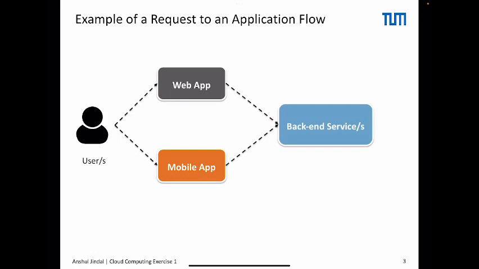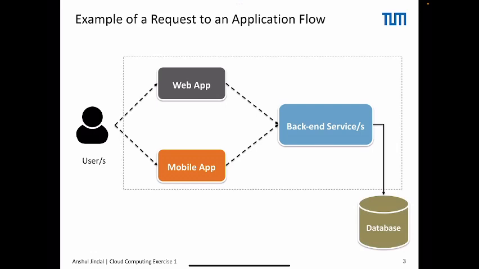We will write that backend in Node.js, and it is connected to a database for fetching data, like a user's data or some other kind of data. This whole thing together forms a small 3-tier application. Why is it called 3-tier? Because it has a front end, which is a web app or a mobile app, a back end, and then the database for fetching the data.